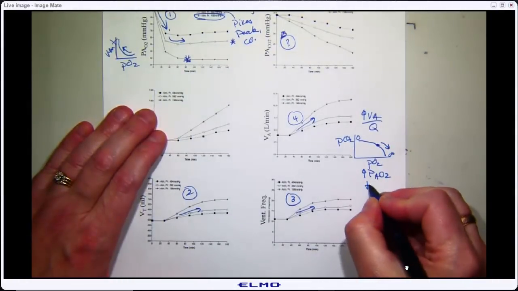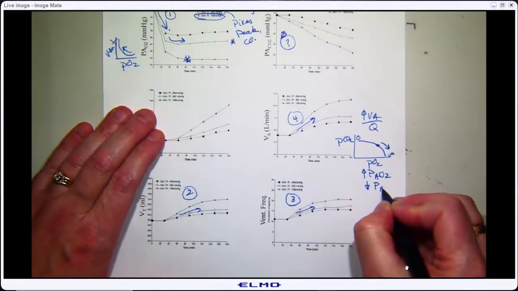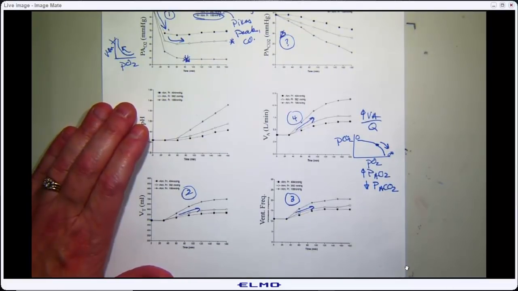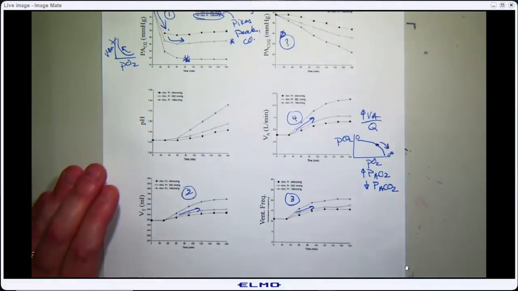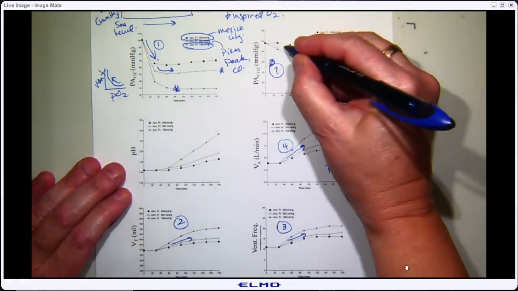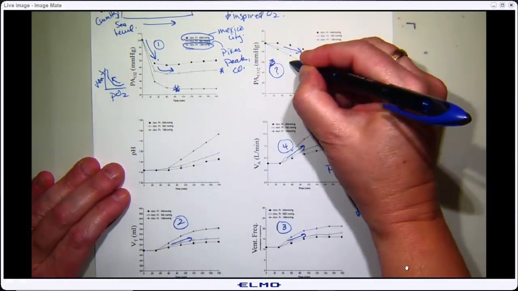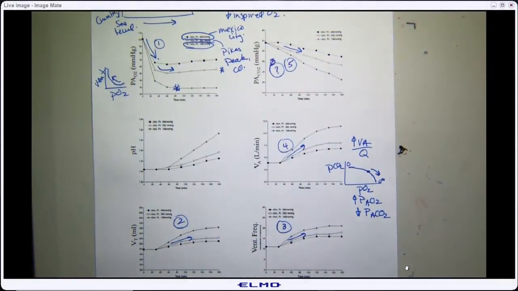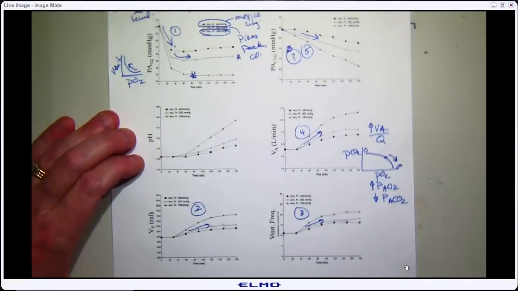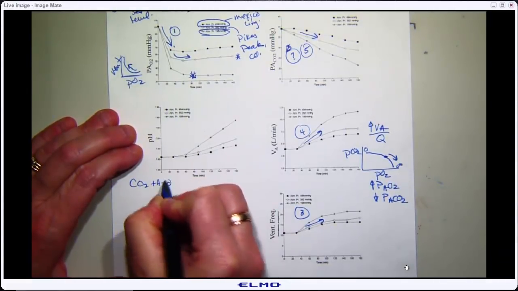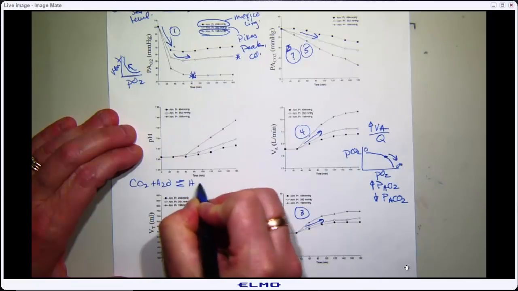But that also meant we decreased PaCO2, right? That's exactly what's happening. There it is. And if we decrease our CO2, we could predict what would be happening with hydrogen ion.